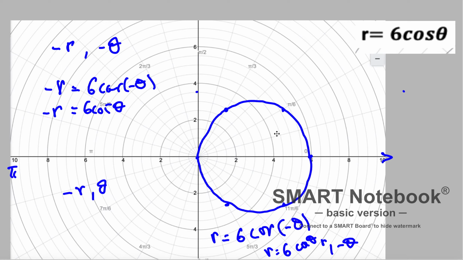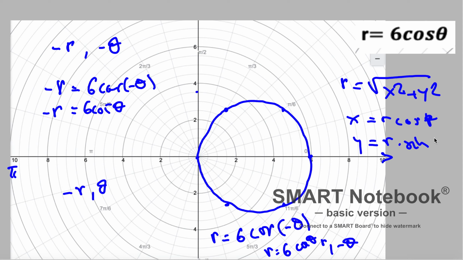So this is the figure we get for r equals 6 cosine theta, and it makes sense because this is the formula of a circle. If we want to convert to Cartesian coordinates, it's very easy: r squared is x squared plus y squared, x is r cosine theta, and y is r sine theta.